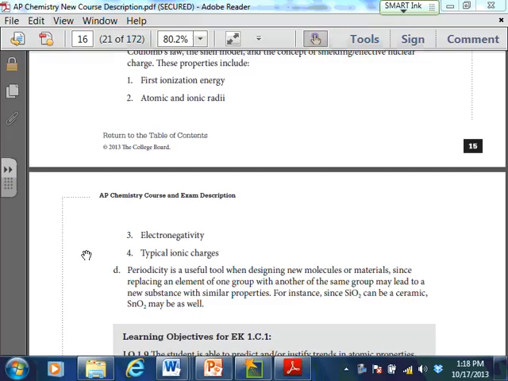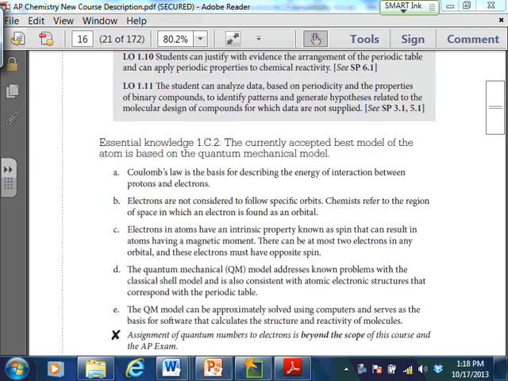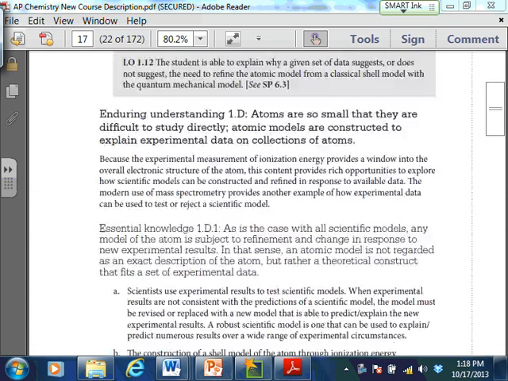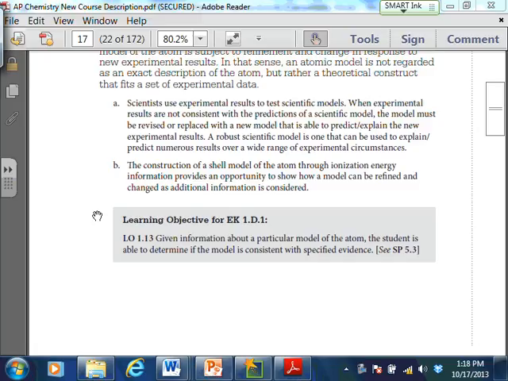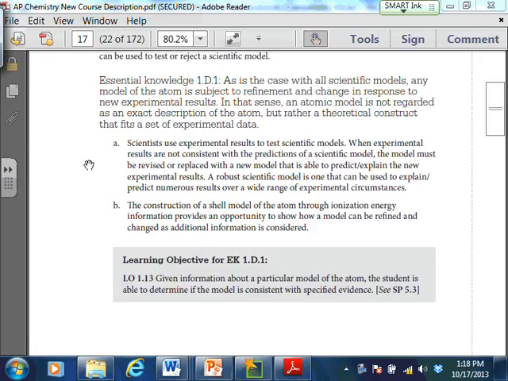And then 1D, 1B. I don't remember what that is. Let me just look at that real quick. 1D, 1B. Construction of a shell model of the atom provides an opportunity to show how a model can be refined and changed as additional information is needed. So basically, the shell model of the atom had to be refined a little bit when we got this PES data, okay?